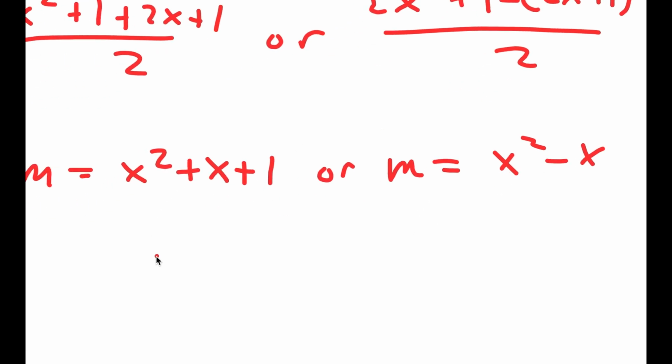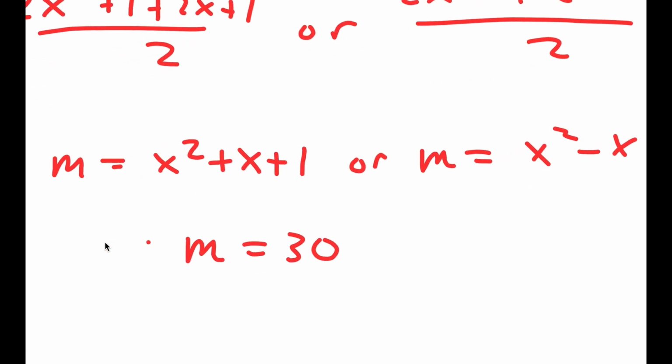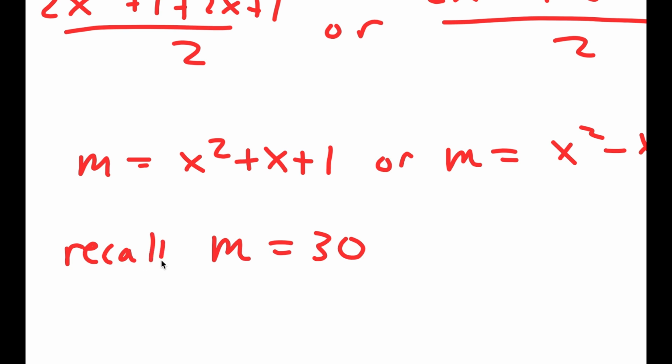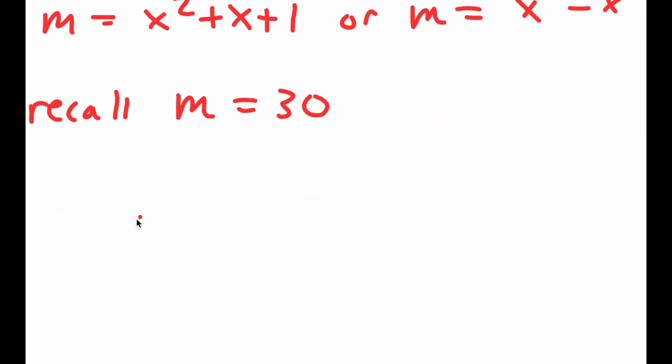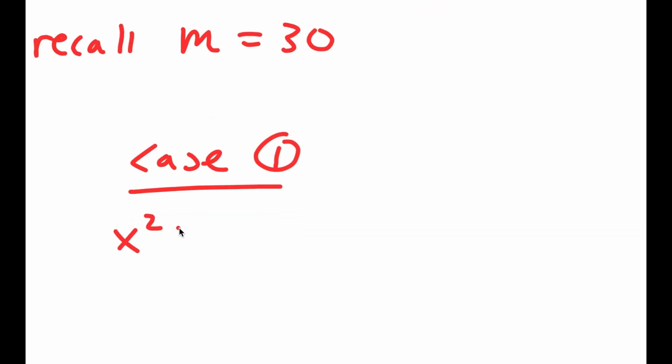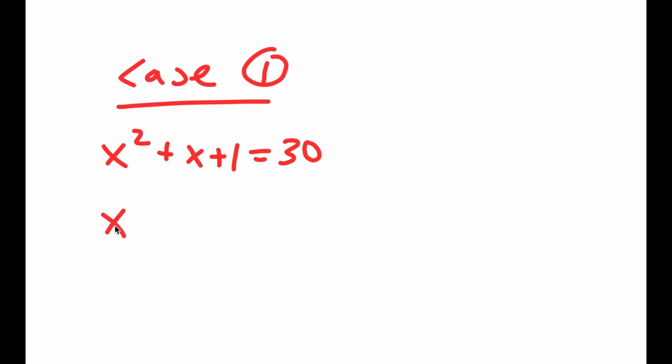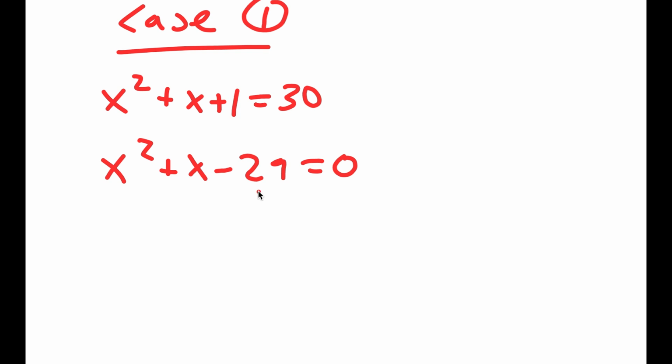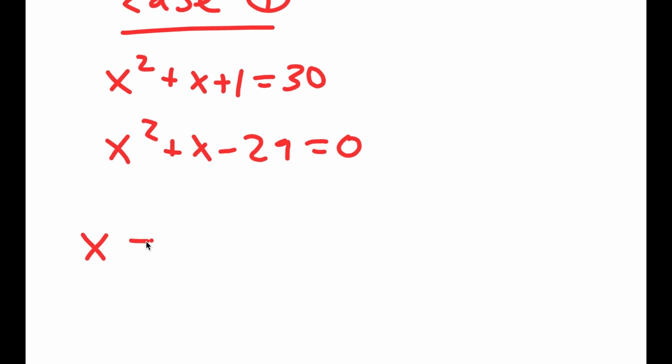So remember how m is equal to 30. This means that for case 1, I have x squared plus x plus 1 is equal to 30, meaning x squared plus x minus 29 is equal to 0. And to solve this, I can use the quadratic formula.